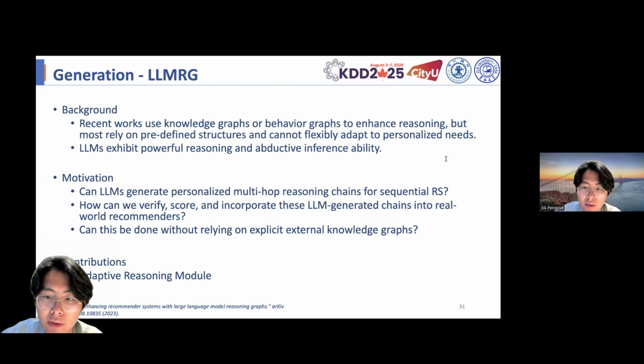LLMRG consists of three modules: the chained graph reasoning, self-verification and scoring, and the divergent extension. These modules work together to generate and refine user intent specific reasoning chains, and the model fuses this with a base sequential recommender to yield the final prediction.